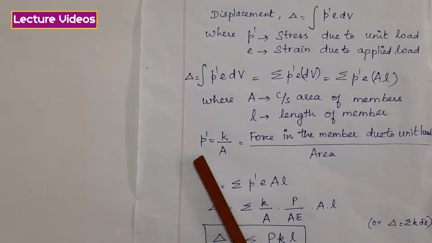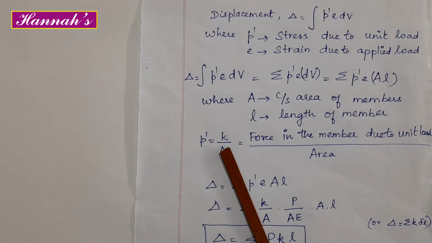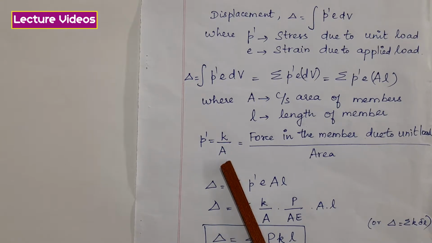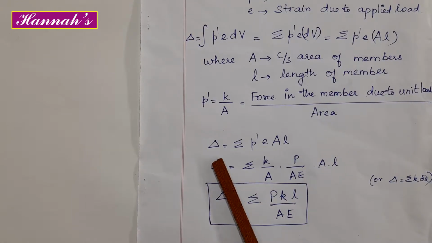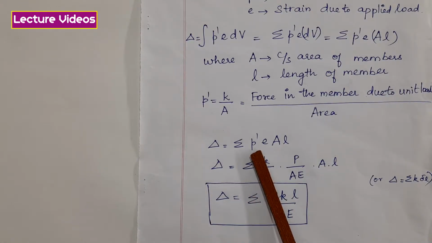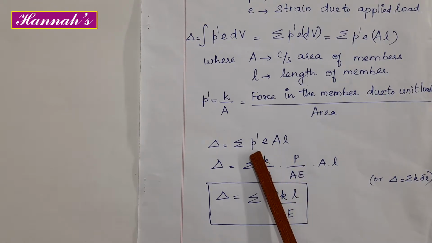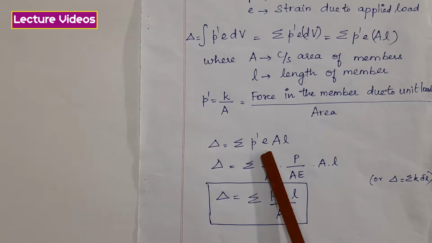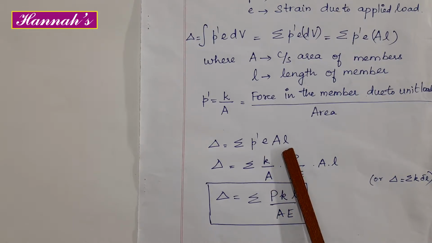Stress can be denoted as the force in the member due to a unit load, denoted by small k, divided by the area of the member. I can write displacement as summation of the product of P dash, E, A and L. P dash is the stress, E is the strain, A is the area of cross section and L is the length of the member.